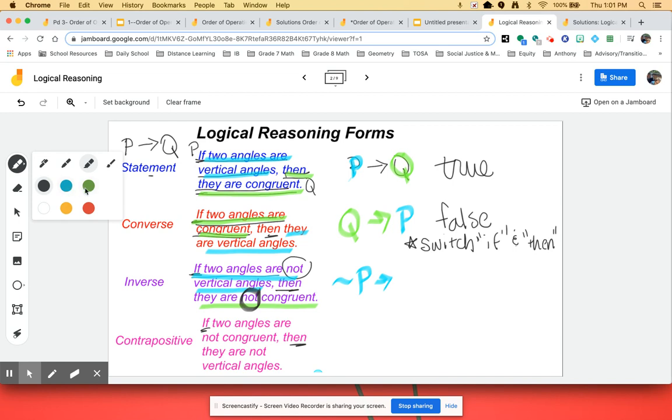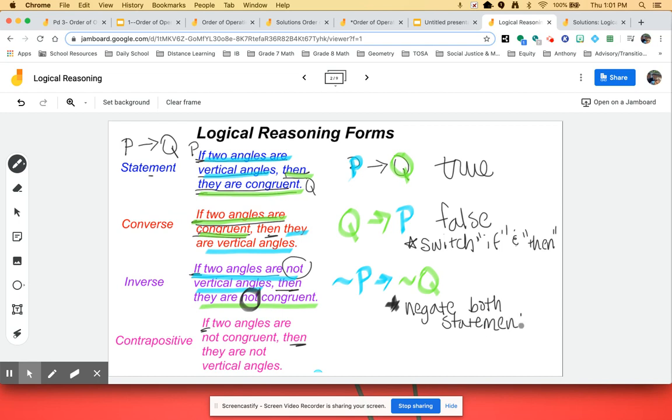So then they are not congruent. So not P, then not Q. And the rule for this one is that you negate both statements. So if two angles are not vertical angles, then they are not congruent. Well, we know that there are angles that are not vertical angles that still could be congruent. So this is also false.